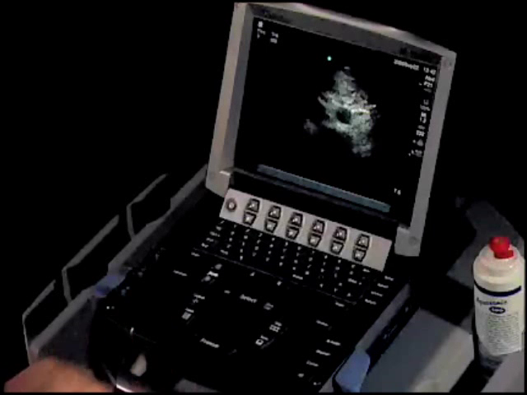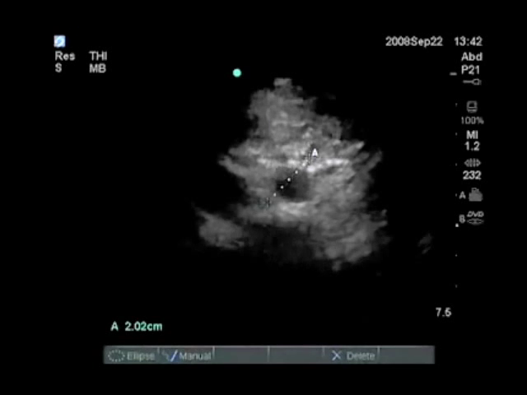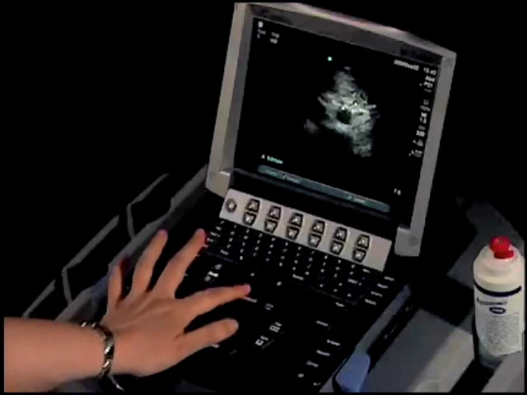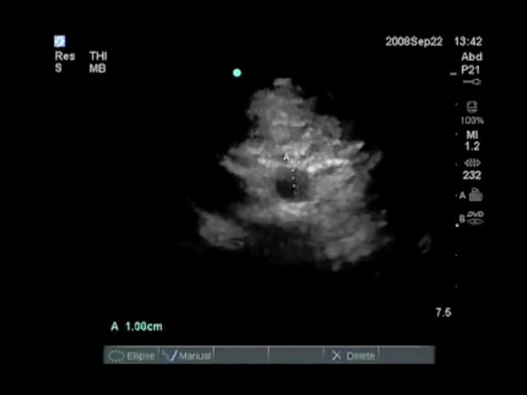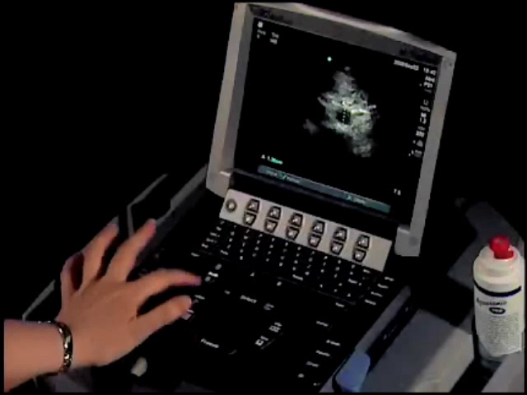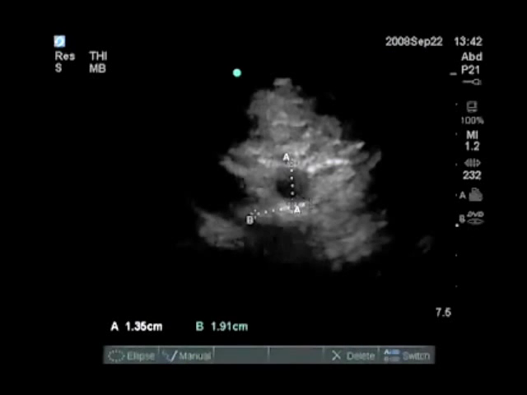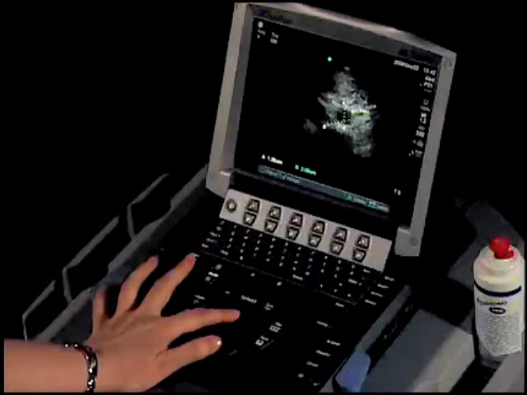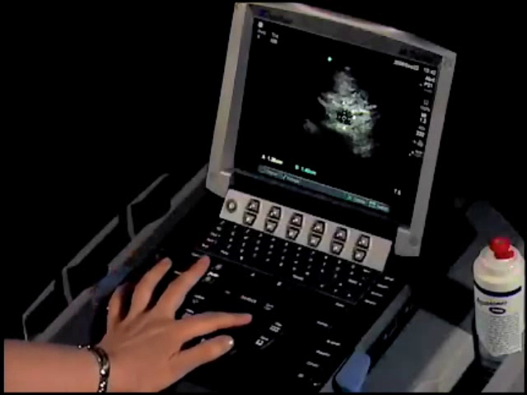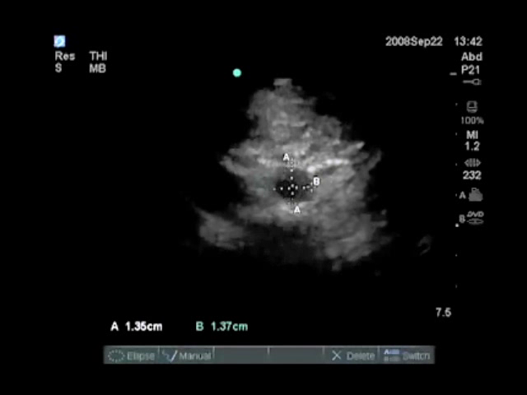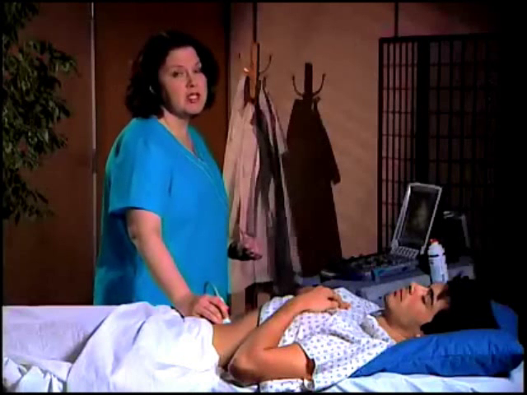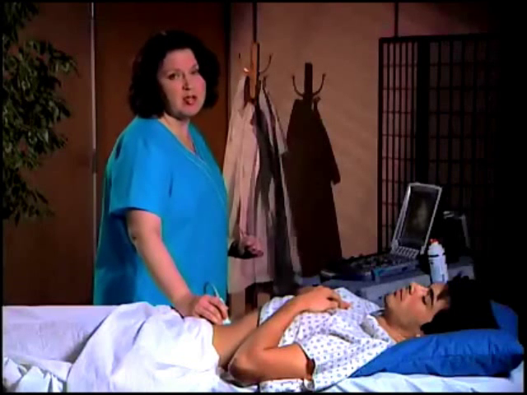So I will freeze and perform the same 2 measurements again. Anterior-posterior and transverse from outside wall to outside wall. And that is the completion of the measurements you need to do for the abdominal aortic exam.